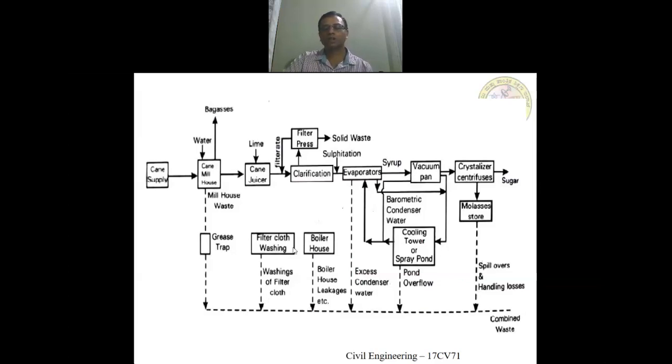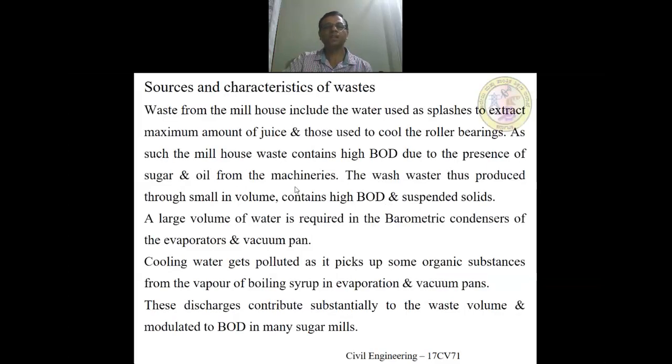Then filter cloth washing, boiler house leakages etc. In evaporators, condensing water. And in the vacuum pan, you have cooling towers where you get a sufficient amount of wastewater, and in the molasses you also get water. So all these places give you wastewater for treatment.